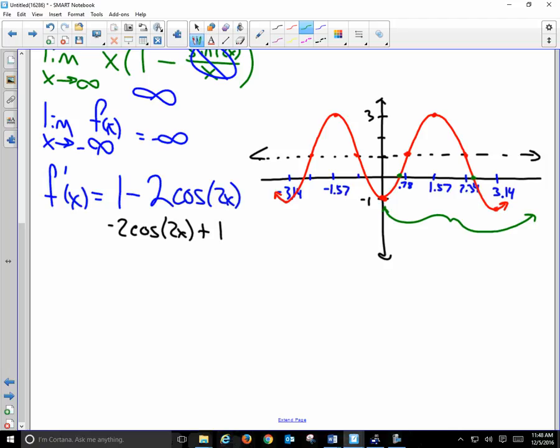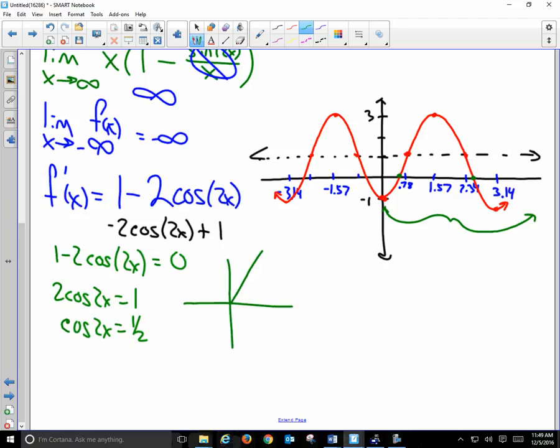I want to find where this is equal to 0, or where 1 minus 2 cosine of 2x is equal to 0. So where is 2 cosine of 2x equal to 1, or cosine of 2x equal to 1/2? In which quadrants is cosine positive? 1 and 4.